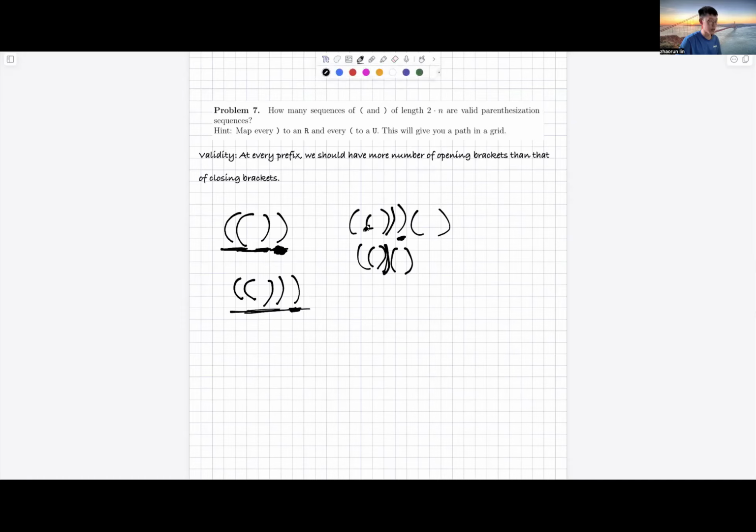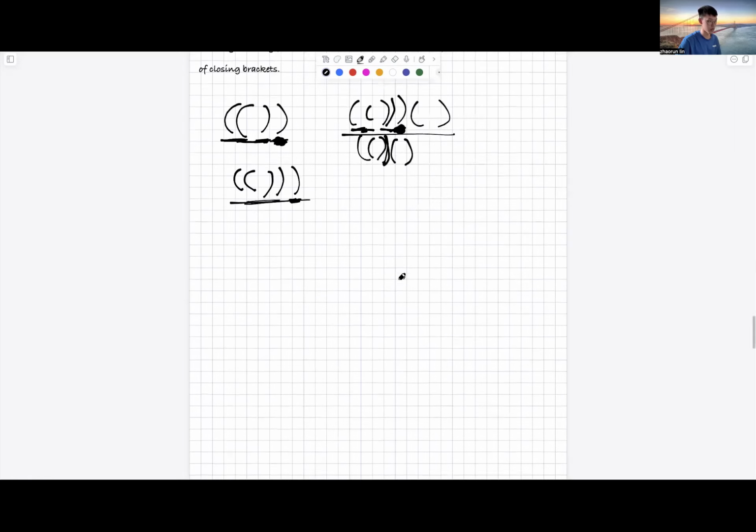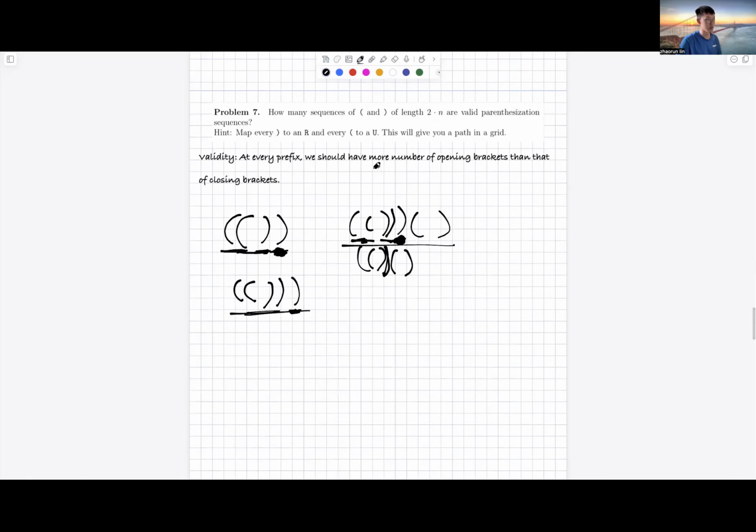At this prefix, we have 3 closing brackets, but only 2 opening brackets. So we are already invalid here. This is an invalid parenthesization. So this is the definition of validity: at every position, the prefix should have at least as many opening brackets as closing brackets.